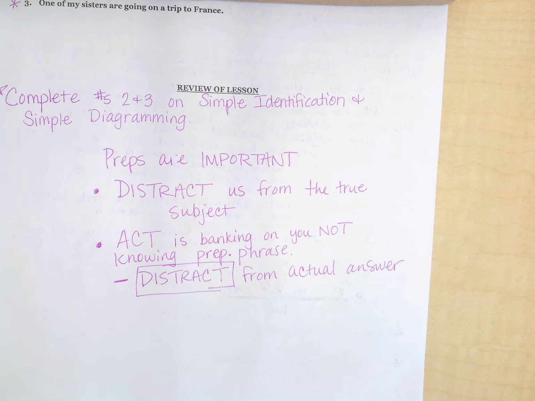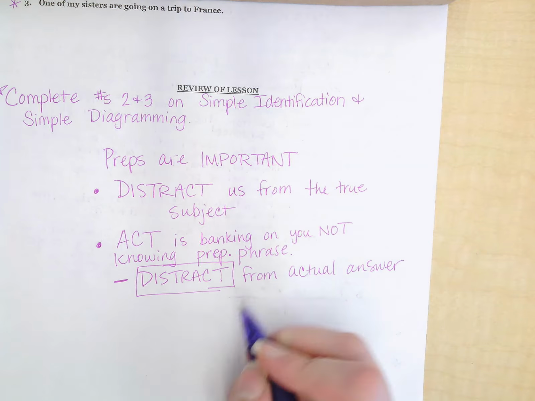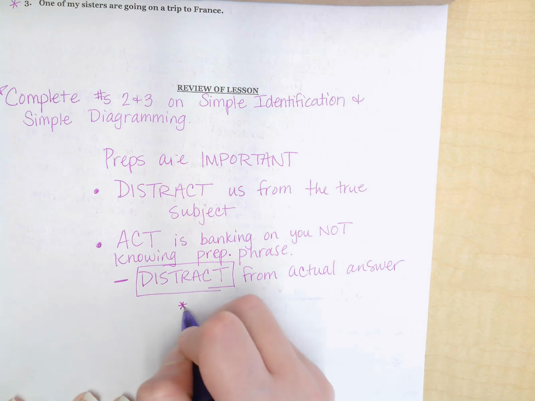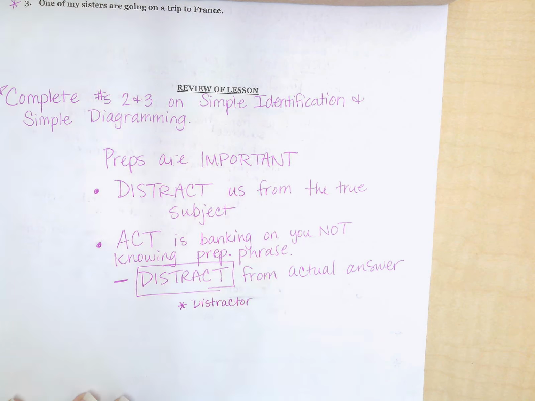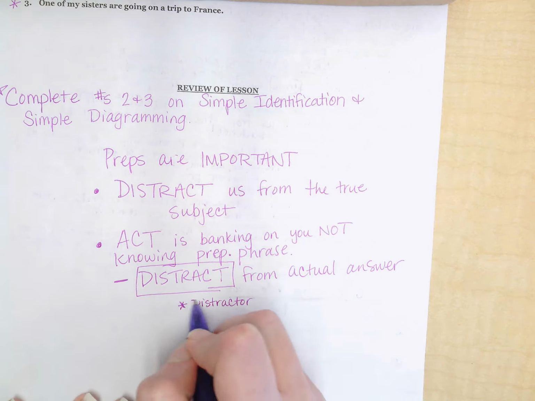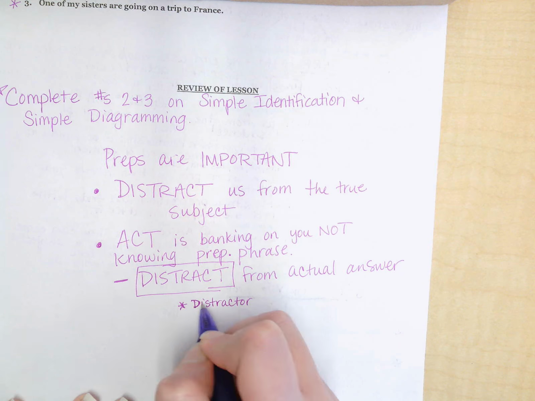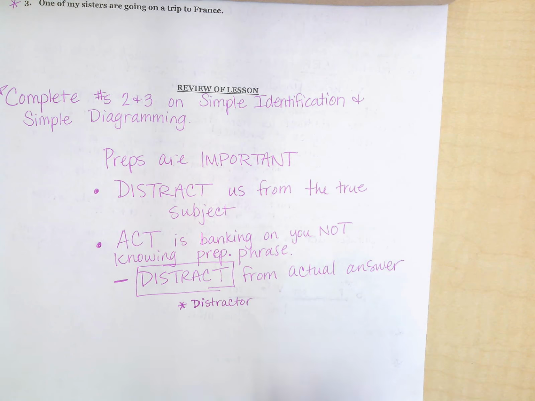So they'll use prepositional phrases to distract you from the actual answer. You've probably heard this, the distractor, in your set of answer choices. This is where you might see some prepositional phrases. It's not the only thing, but it will trip you up sometimes.